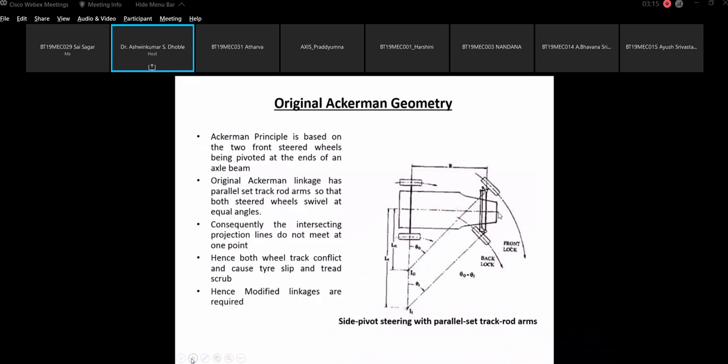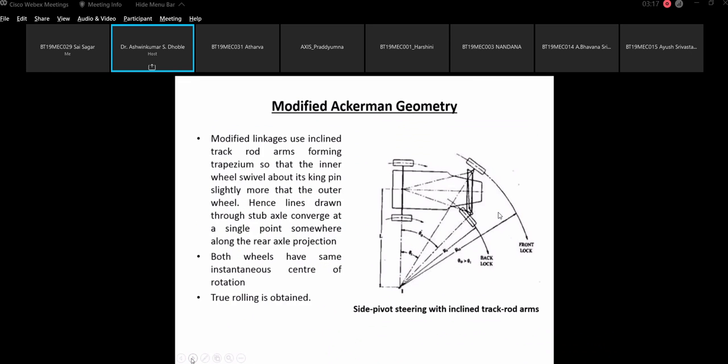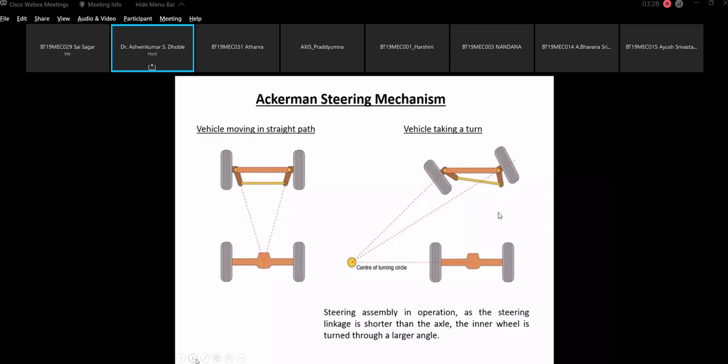Rather, the modified Ackermann mechanism is used in the vehicle so that at all times the instantaneous center of rotation of the wheels coincides at one particular point. So this is how the Ackermann mechanism works.